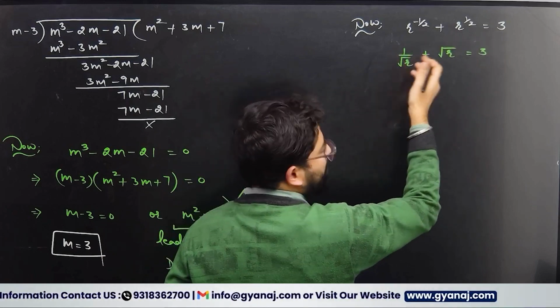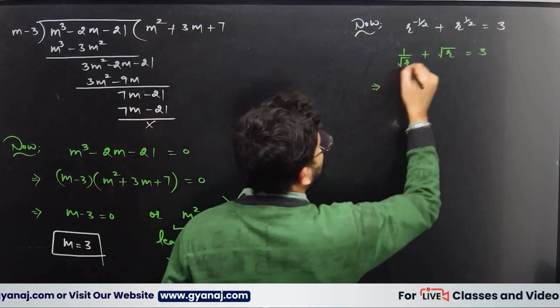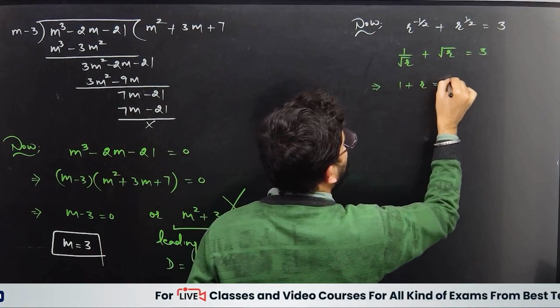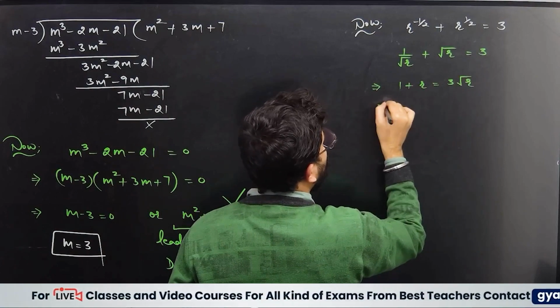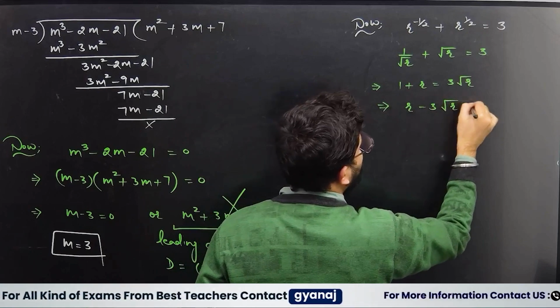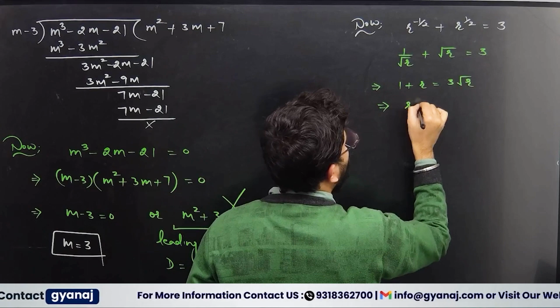Now just multiply, because r is positive, so root r is positive. When you multiply root r on both sides, you'll get 1 plus r is equal to 3 root r. So from here you can say that is r minus 3 root r, or you can say r plus 1.